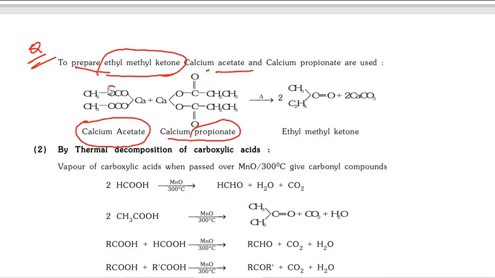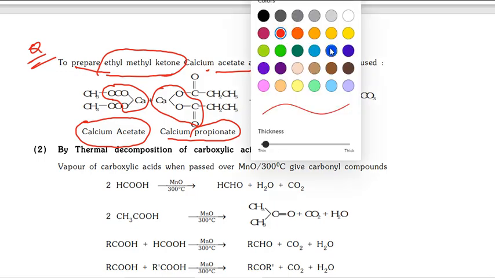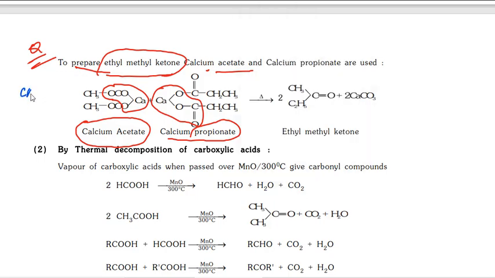Then see here, CaCO3 is released like this. Here also CaCO3 is released like this. Now which groups are there here? A CH3 group is there, and CH3 C double bond O group is there. Next, ethyl C double bond O and ethyl group is there.